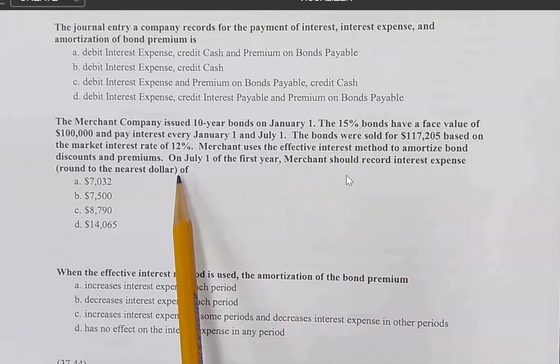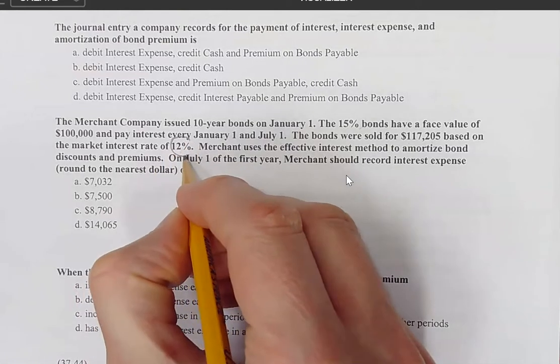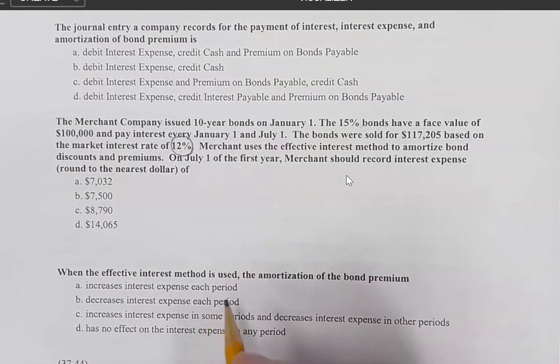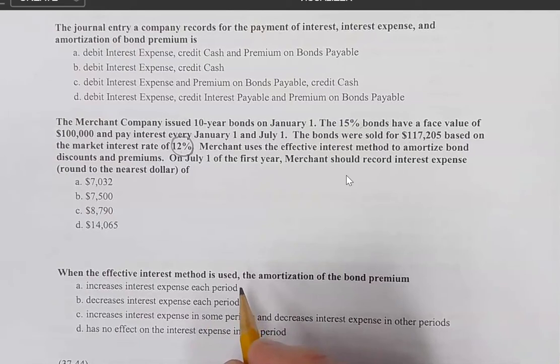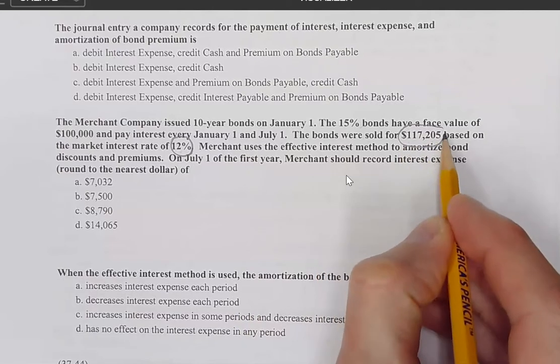Well, we're going to do this the exact same way that we did the bonds. We're going to focus our attention on the market rate of interest, which is 12%, and we're also going to look at the carrying amount of the bonds.